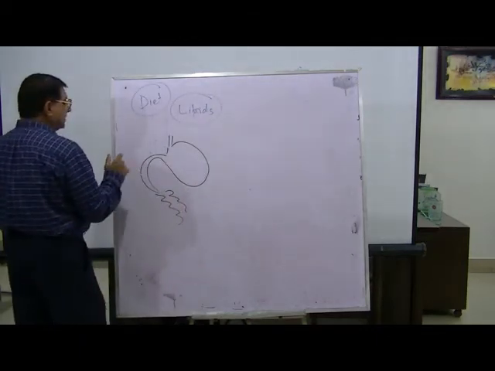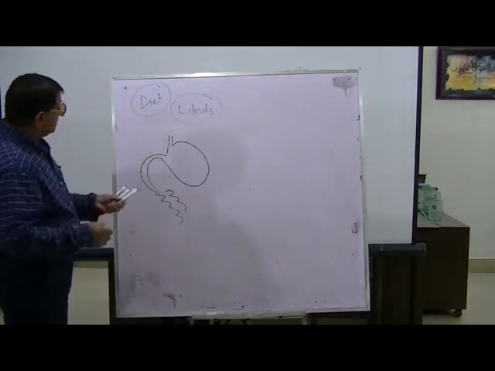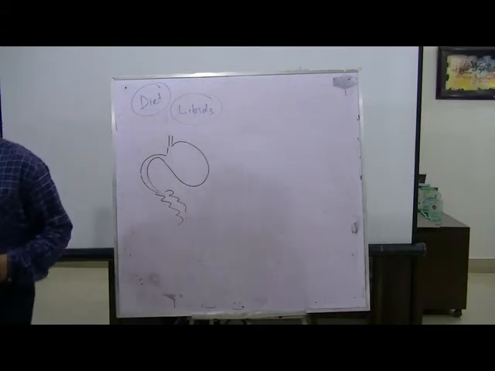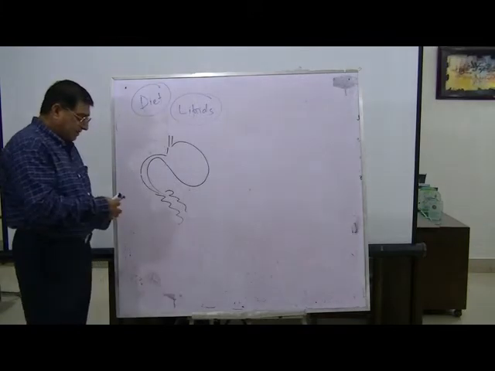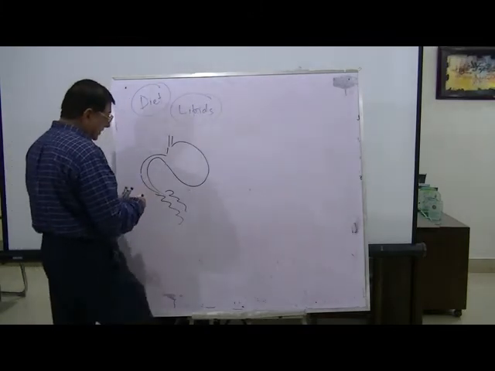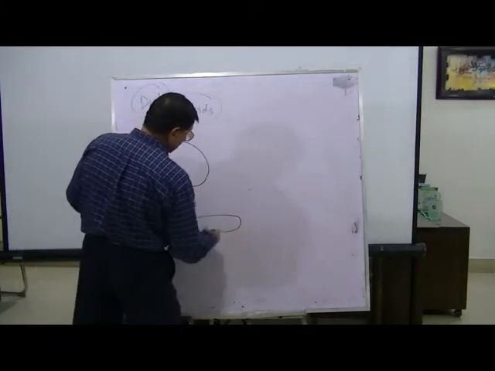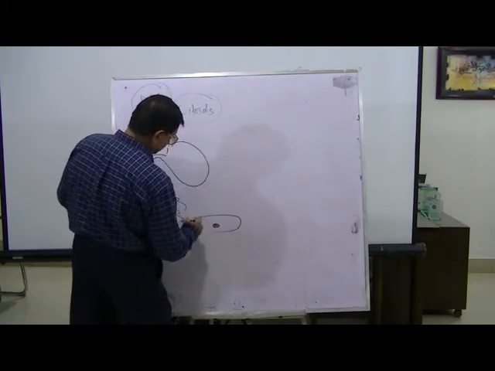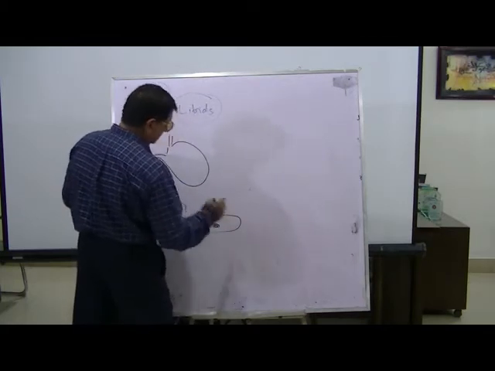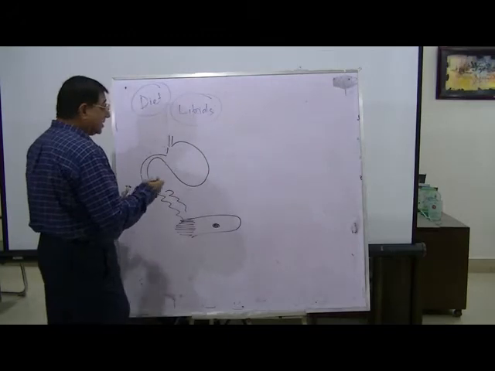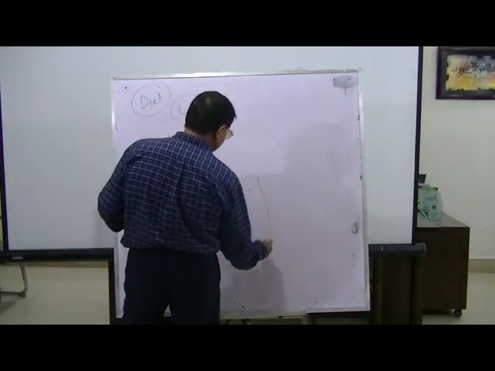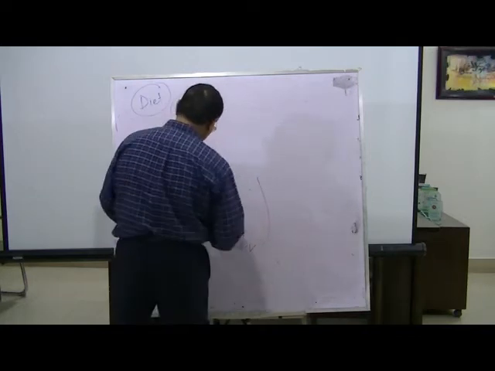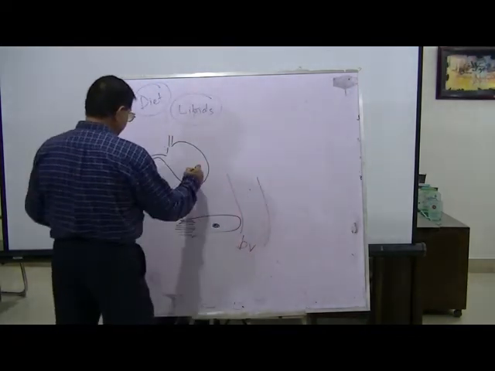They are emulsified by bile salts and then they are absorbed by the enterocytes and from there they go inside the blood vessel.